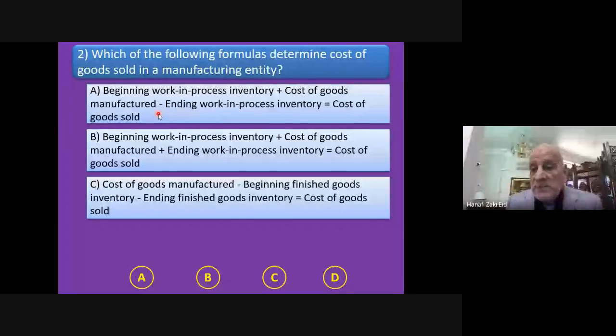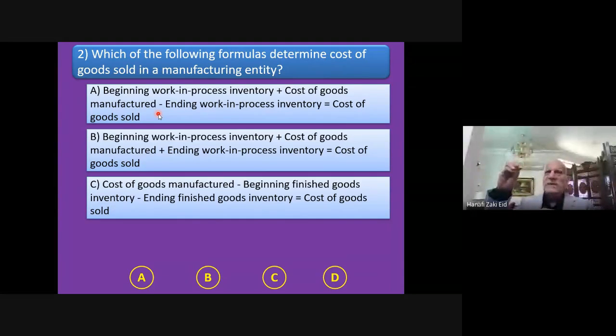No. Beginning balance, whether in raw material or work in process or finished goods, the beginning inventory we always add, but ending inventory is that which is subtracted, which we say deduct.